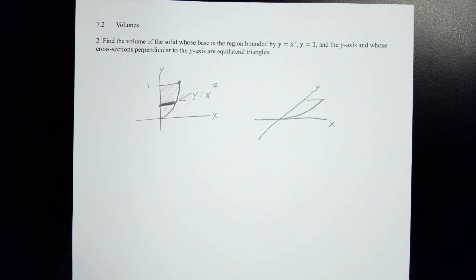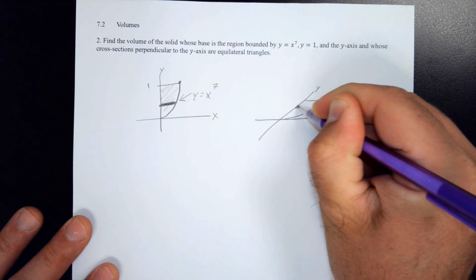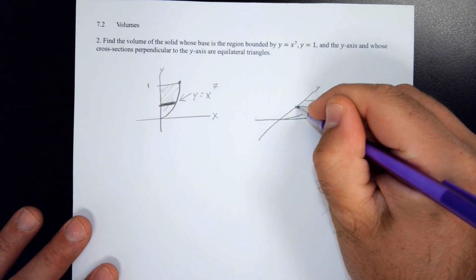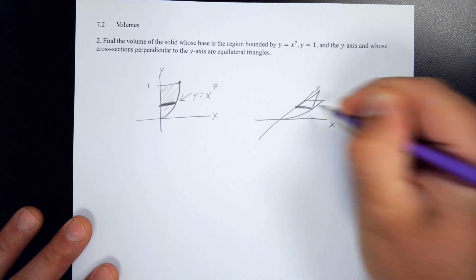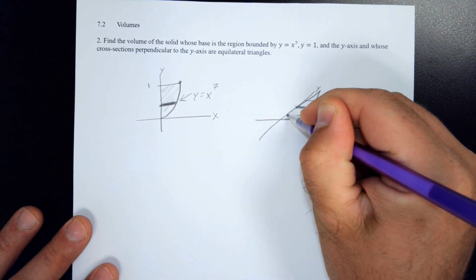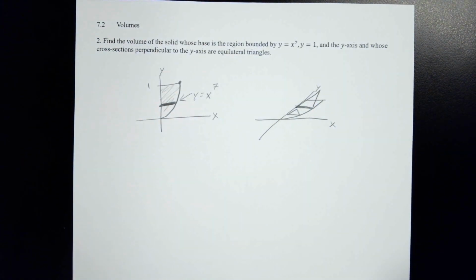There's that same region, and if I tried to draw one of these cross-sections, it would look something like this. Each piece would be one of these equilateral triangles. So there'd be a bunch of these equilateral triangles starting off really small and getting bigger like that.